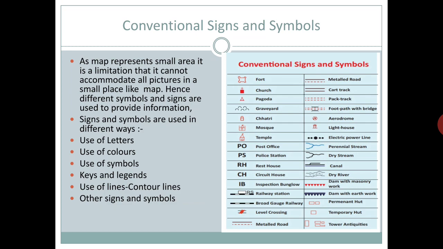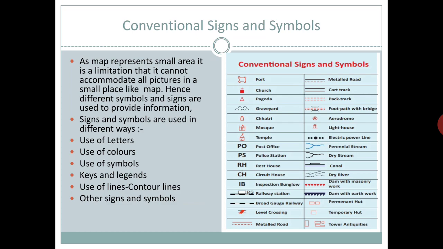Okay, let me simplify it for you. For example, it is difficult to show in a map whether a place is elevated. It is a small mountain, a mound, then the height of that small mountain is difficult to explain.